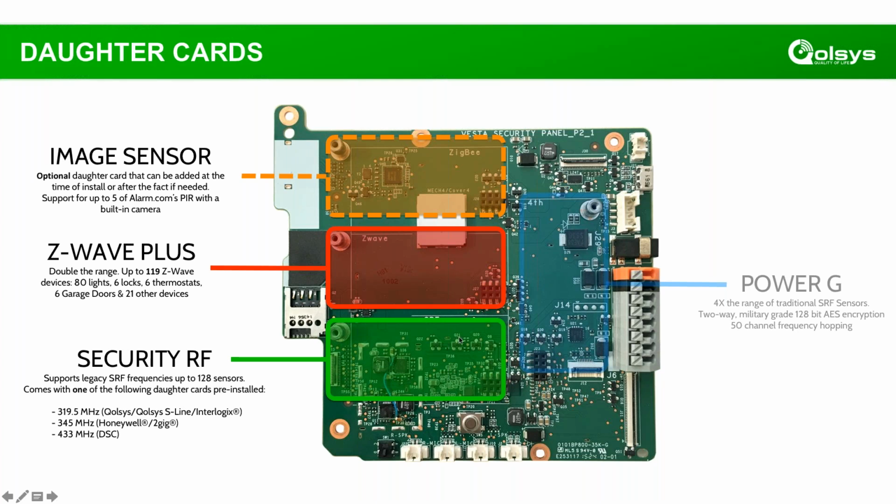So most of your legacy frequency sensors, right, whether it's S-Line, whether it's GE, whether it's 2 gig, whether it's Honeywell, most of your door sensors and motion detectors and stuff like that are tested between 500 feet and 1,000 feet open air, right? That's pretty standard across the board for range when it comes to door sensors and motion detectors. Our door sensors and motion detectors, most of them are tested at about 600 feet open air.